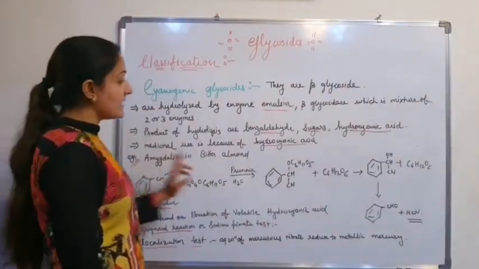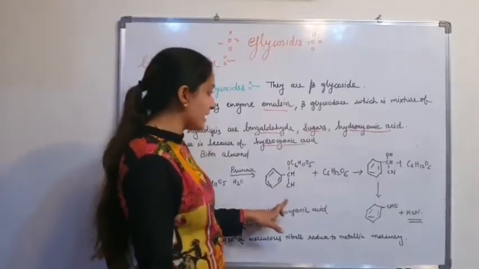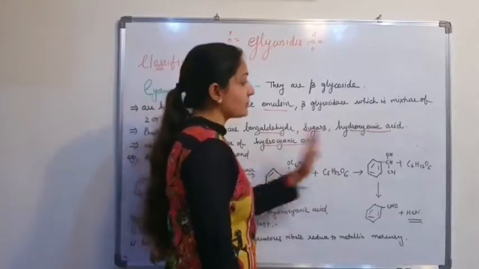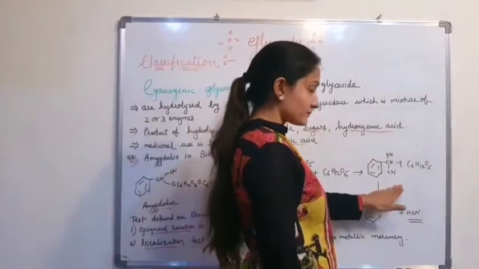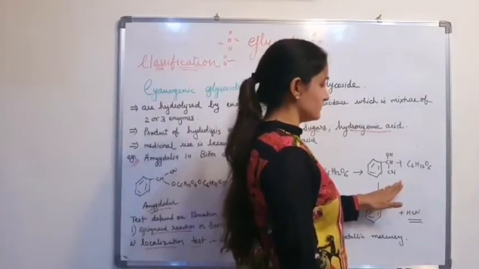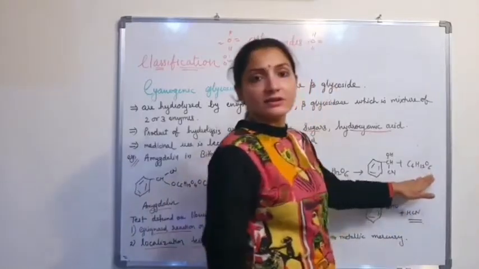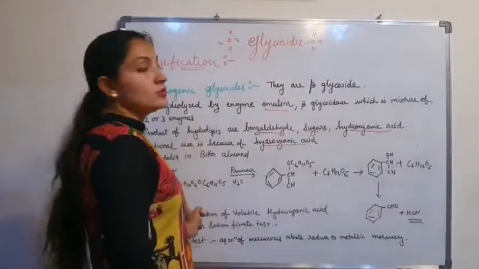This amygdalin, in presence of the enzyme and in presence of water, breaks down and gives this product and glucose. This product undergoes a further reaction and gives this substance and further another glucose: one glucose, second glucose, because here two glucose units are attached.